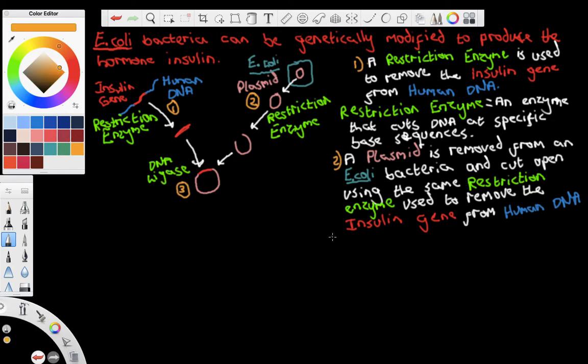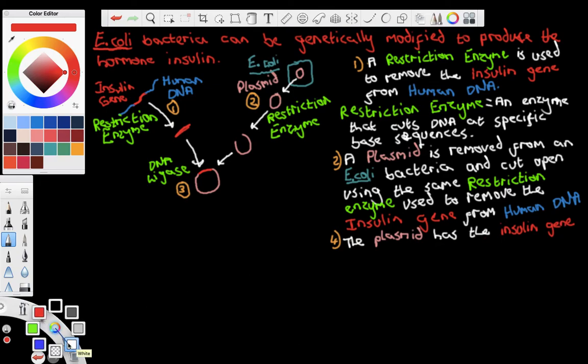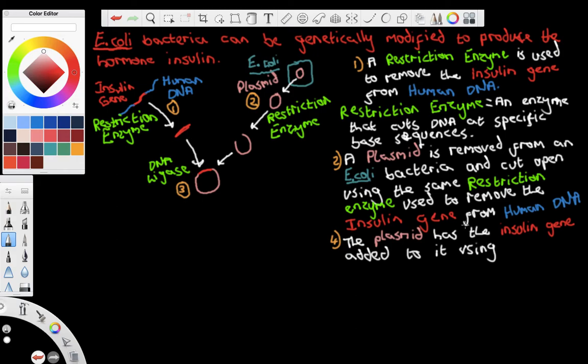So number 4, the plasmid has the insulin gene added to it using DNA ligase.